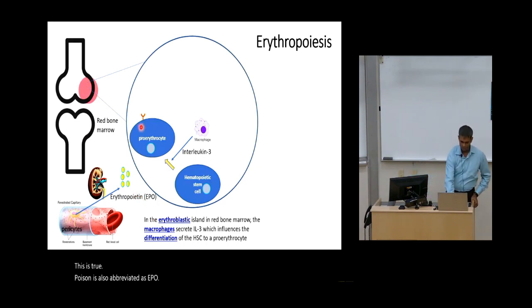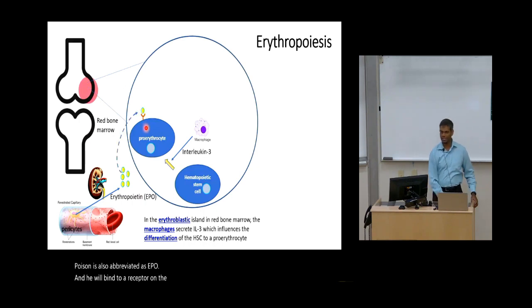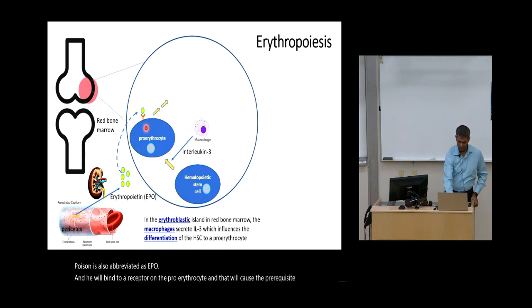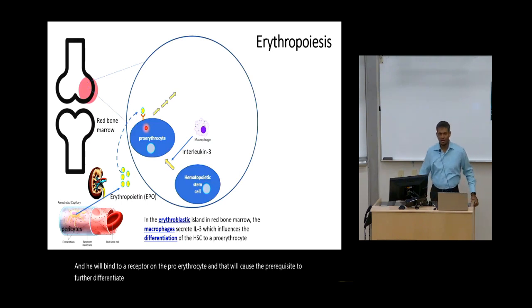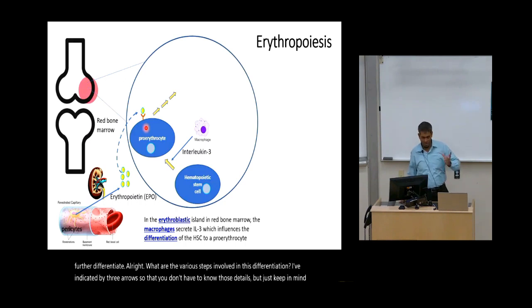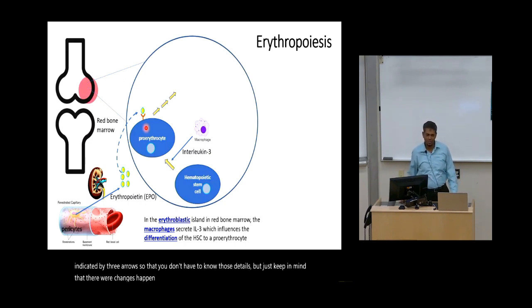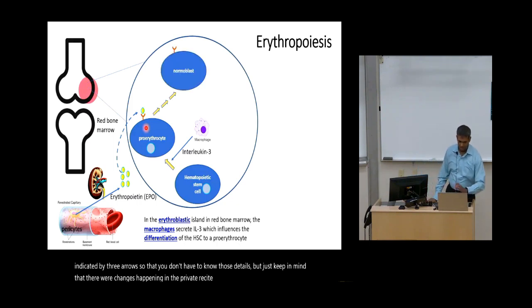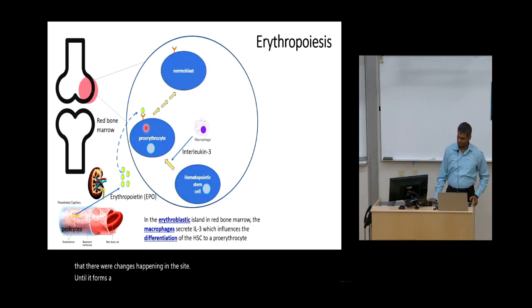And EPO will bind to a receptor on the proerythrocyte, and that will cause the proerythrocyte to further differentiate. What are the various steps involved in this differentiation? I've indicated it by 3 arrows so that you don't have to know those details. Just keep in mind that there will be changes happening in the proerythrocyte until it forms a normoblast.